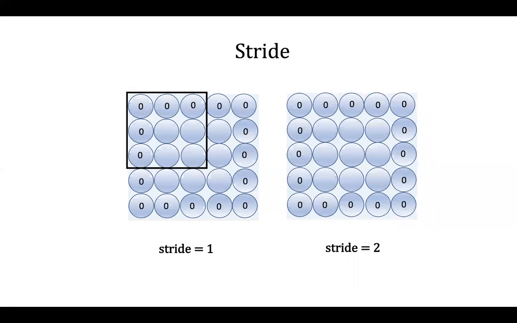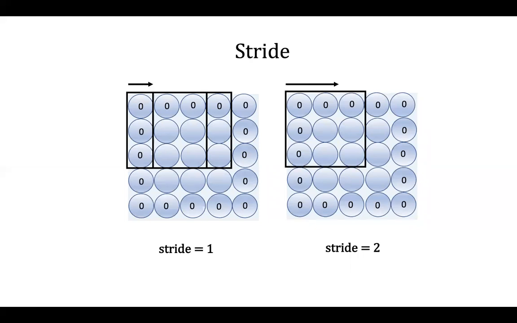We also talked about moving this kernel in the convolutional layer, or frame in the max pooling layer, by one step or by one pixel. This step is called stride. In this case, we say that we use stride 1, but we can also move this kernel or frame by some number of pixels.